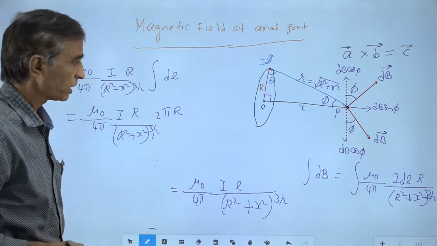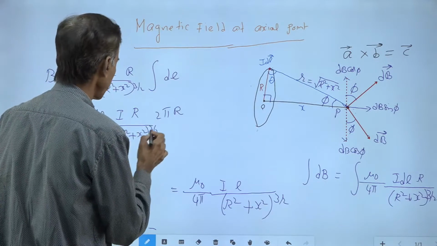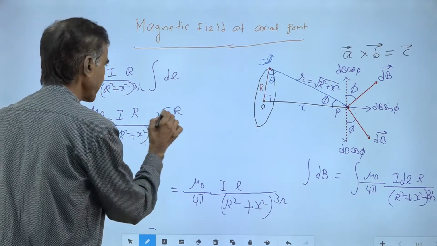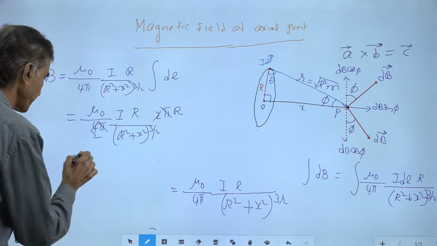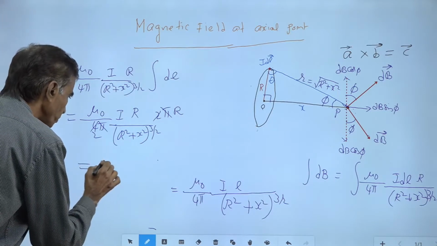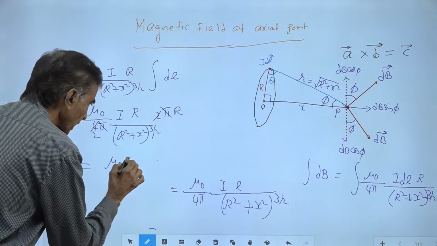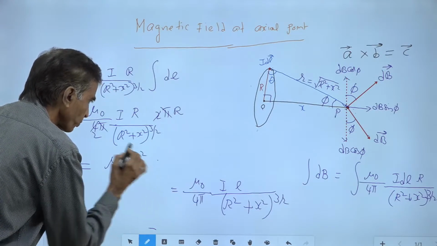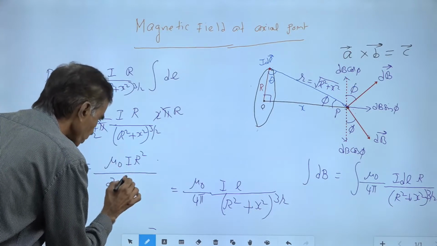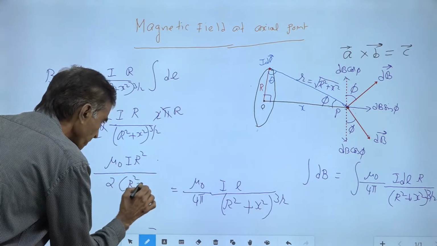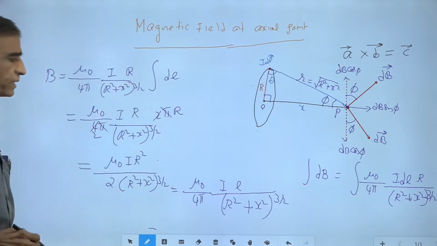So into r, isn't it? Therefore, now what you will get here? Pi gets cancelled 2 times. Then our final answer is mu naught into I into r square divided by 2 into r square plus x square whole power 3 by 2.